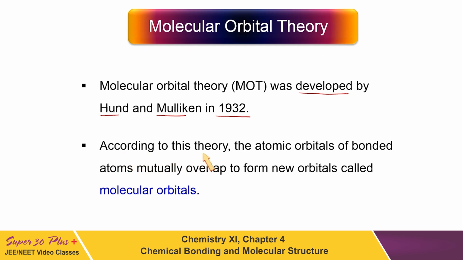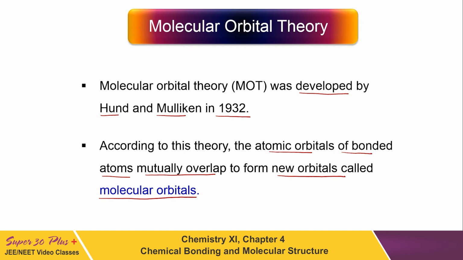According to this theory, atomic orbitals of the bonded atoms mutually overlap to form new orbitals called molecular orbitals. This is the biggest difference between molecular orbital theory and valence bond theory.